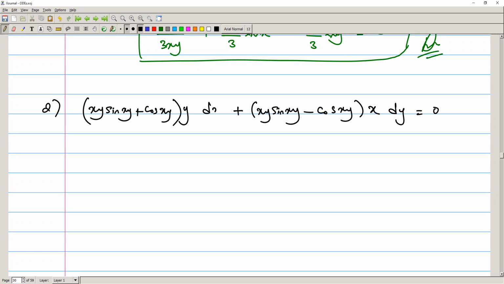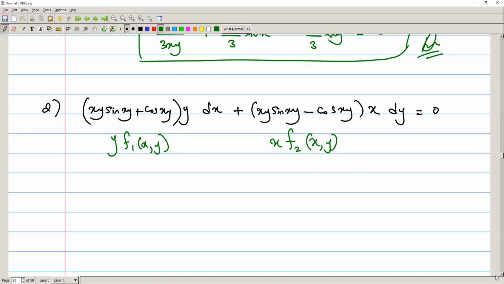Now, first of all, we can see that we have a function y that is multiplied by f1 of x comma y, and we have a function of x that is multiplied by f2 of x comma y.